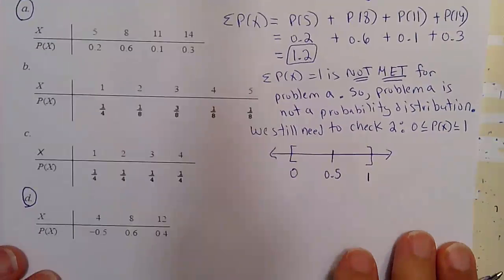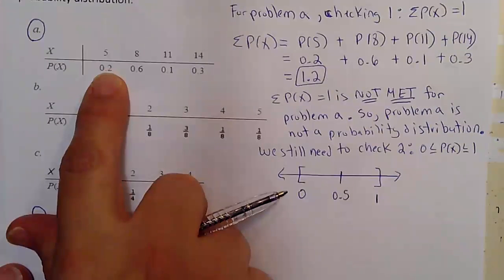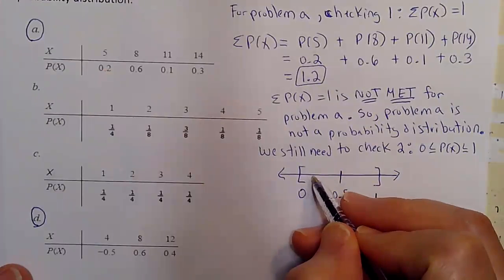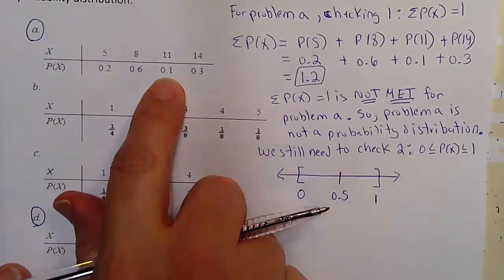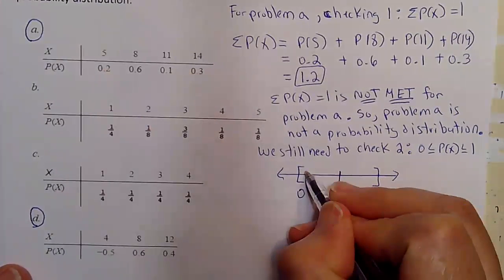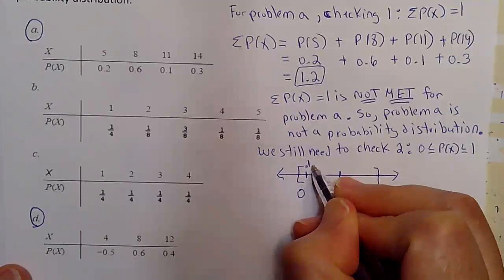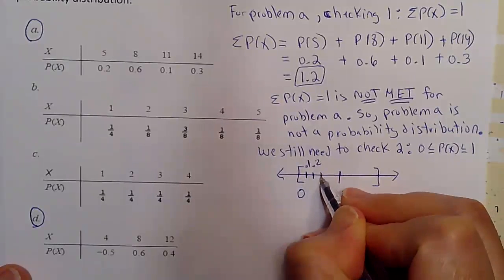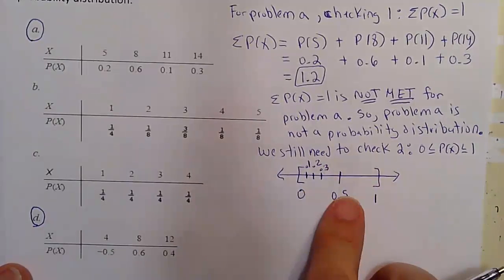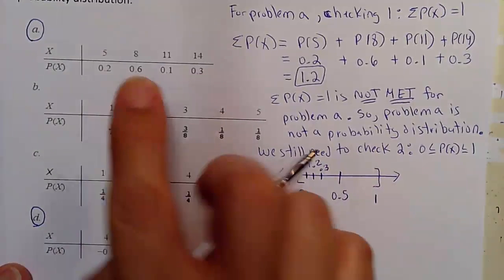Then you have 20 cents, so I have 10 cents, 20 cents, 30 cents, and then 60 cents.